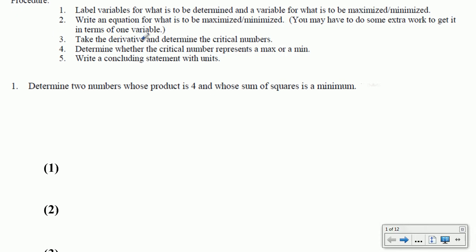Third, you should take the derivative and determine the critical numbers. Fourth, you should determine whether the critical number represents a max or a min, and that generally involves taking the second derivative. And whether it's curve up or curve down will allow you to confirm if it is a max or a min. And fifth, you should write a concluding statement with units.